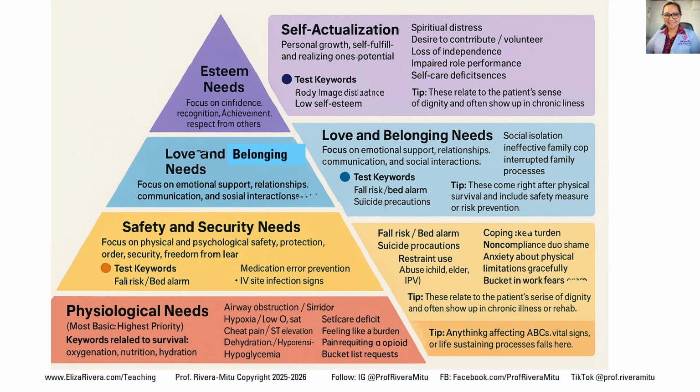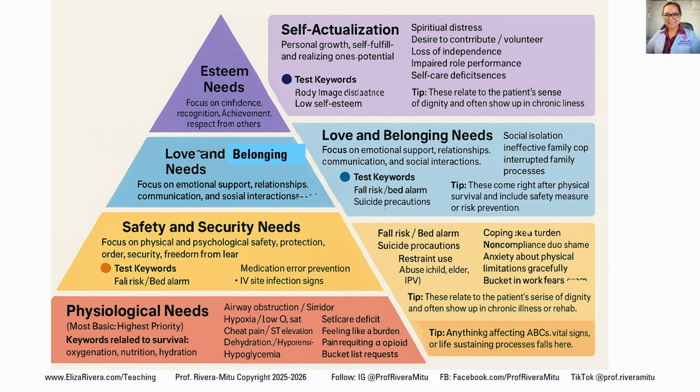Some test keywords to look out for might be fall risk, bed alarm, suicide precautions, seizure precautions, isolation protocols such as neutropenic precautions, restraint use, safety devices, abuse, including child, elder, or domestic violence, medication error prevention, IV site infection, staff-to-patient ratio issues, and a confused patient or wandering. So the tip here is these come right after physical survival and include safety measures or risk prevention.